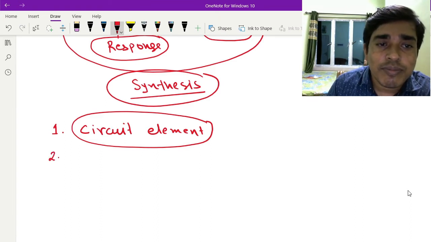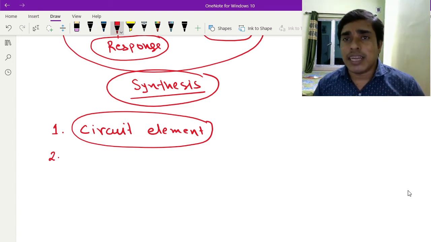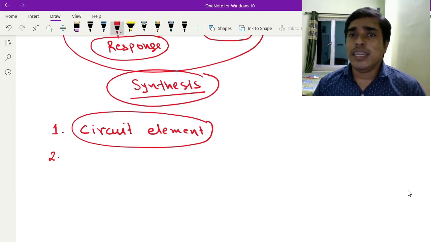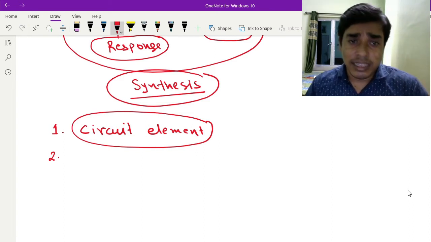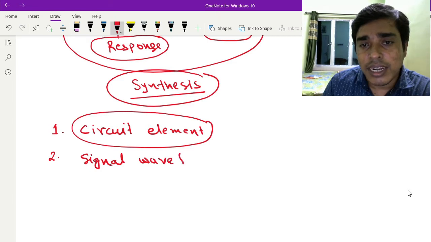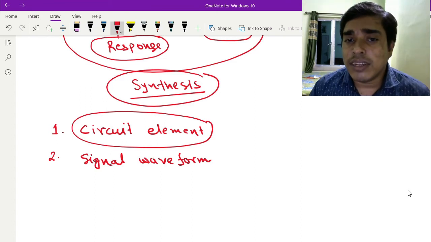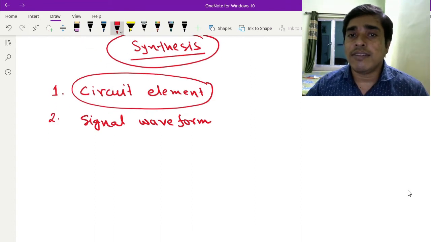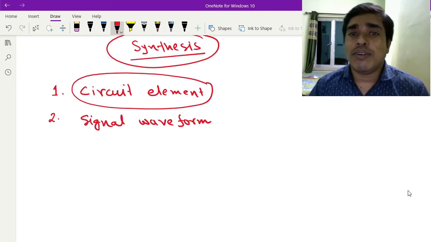Number two, when we use some signal, it may be a voltage signal, a current signal, or any other signal. This is called signal waveform. So you have to know signal waveforms for studying networks.